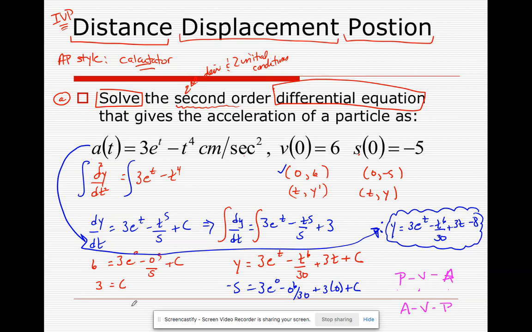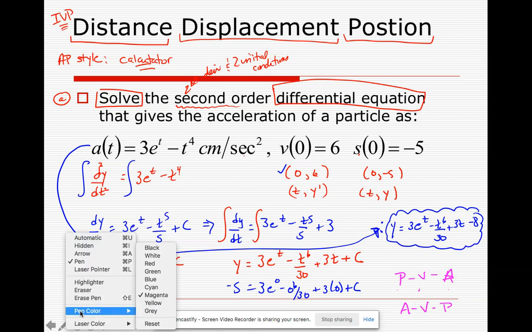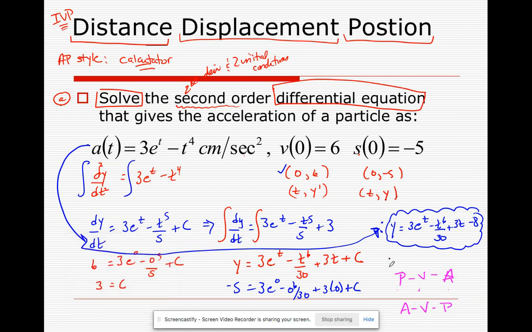OMG. First semester, derivatives. P to V to A, position to velocity to acceleration. Now, second semester, we used antiderivatives or integrals.